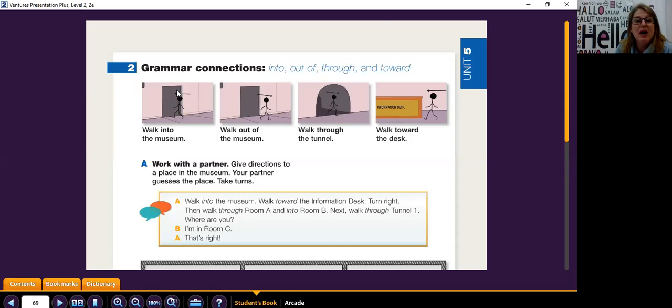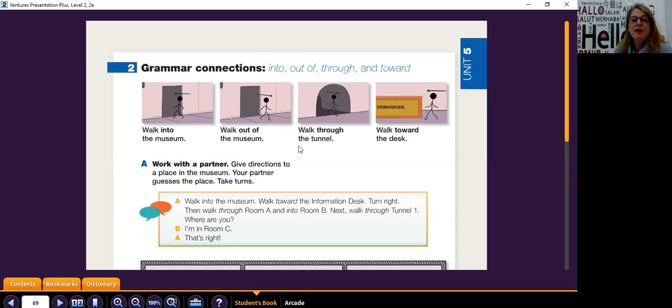Here we go. So the first picture here is this little stick figure. Walk into the museum. So when you go to work or you go home or whatever, and you're going in the building, you are walking into that place of business. The second one here, walk out of the museum. Again, anytime you leave your house, you are walking out of that place, all right? Anytime you leave Walmart or Aldi or Hy-Vee or wherever you shop, you are walking out of, okay?